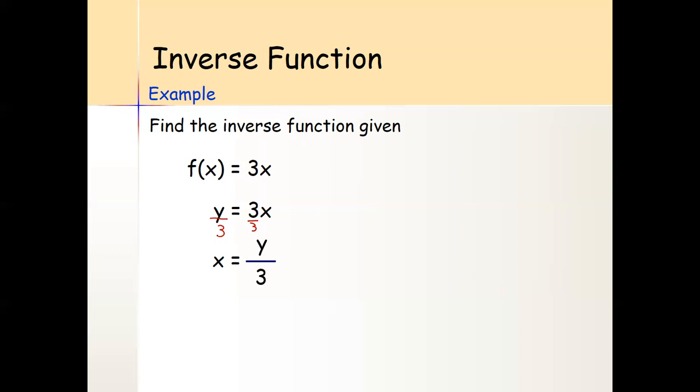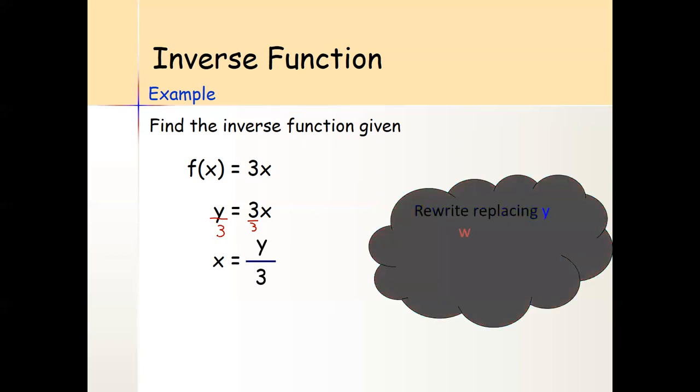Now that I've got x equals y over 3, you replace the y and make it an x, and you just say that f minus 1 of x is x divided by 3. So two things: make x the subject, and then write f minus 1 of x, because it's not f minus 1 of y that we're looking for, it's f minus 1 of x.